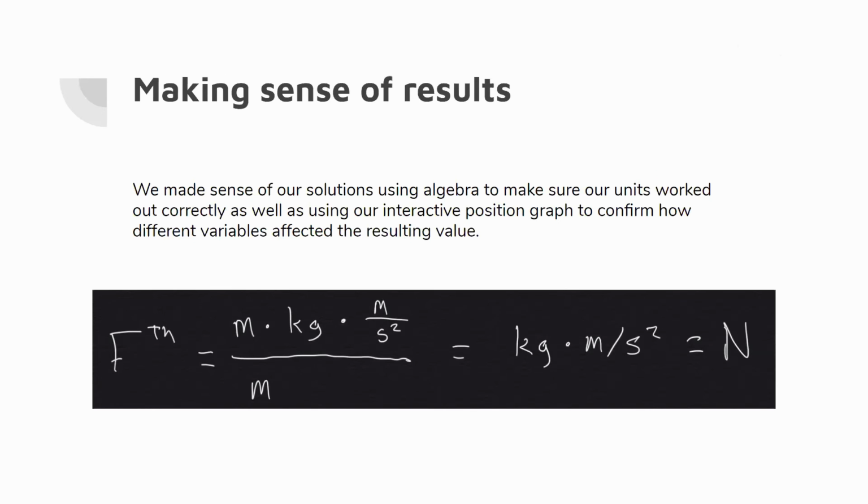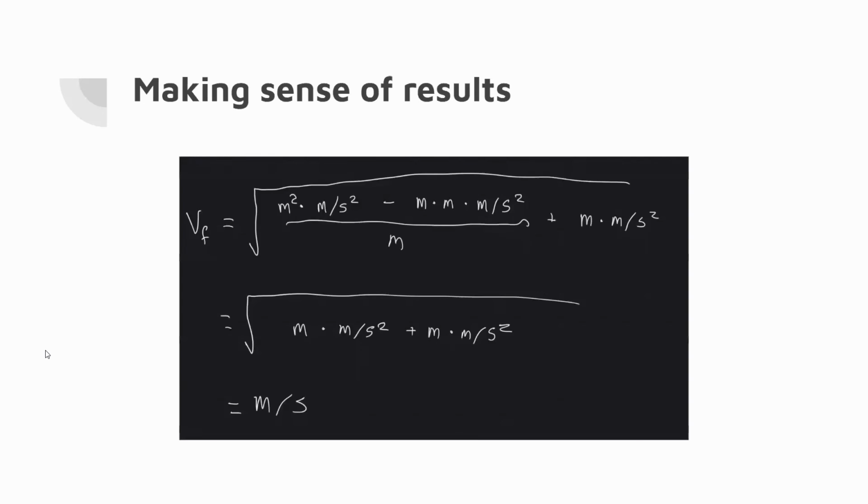We also did unit checks on both of our solutions. For our force of thrust, when you put the units through, it checks out and equals newtons, which it should for thrust. On the next slide, you can see that for our final velocity, the units come out to meters per second, which is also correct. So both our unit checks and our position versus time graph indicate that our equations seem correct.